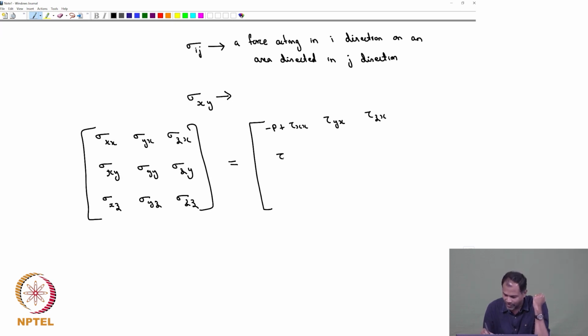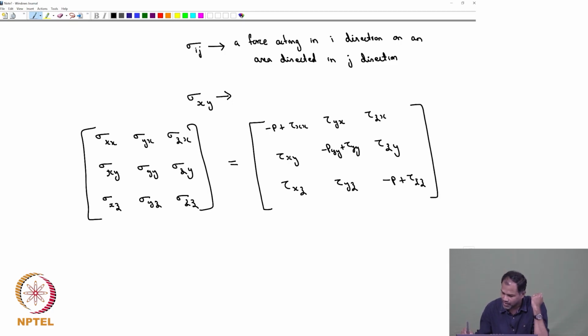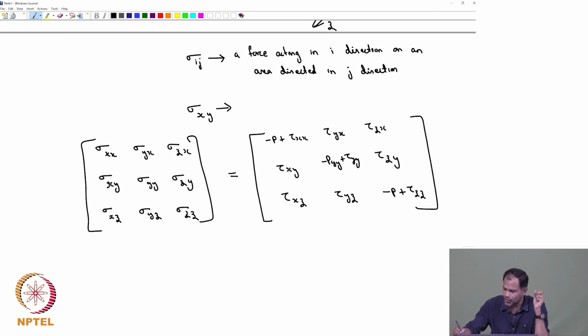Similarly, you will have a tau xy, minus P plus tau yy, and then tau zy, tau xz, tau yz, minus P plus tau zz. So, this is if you want to write your surface stresses with pressure and shear stresses, viscous stresses, separated.